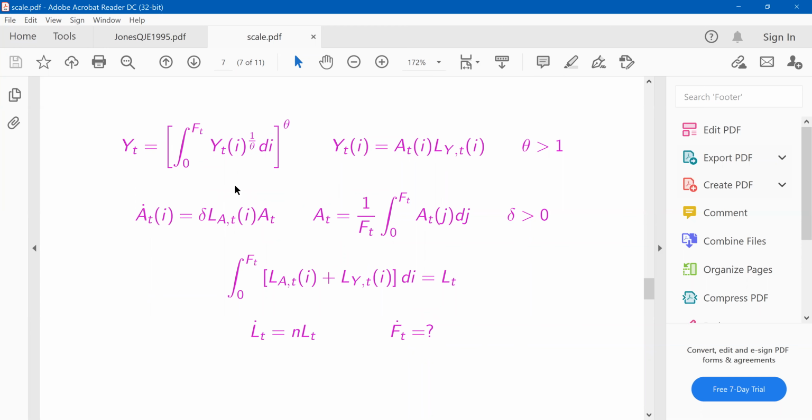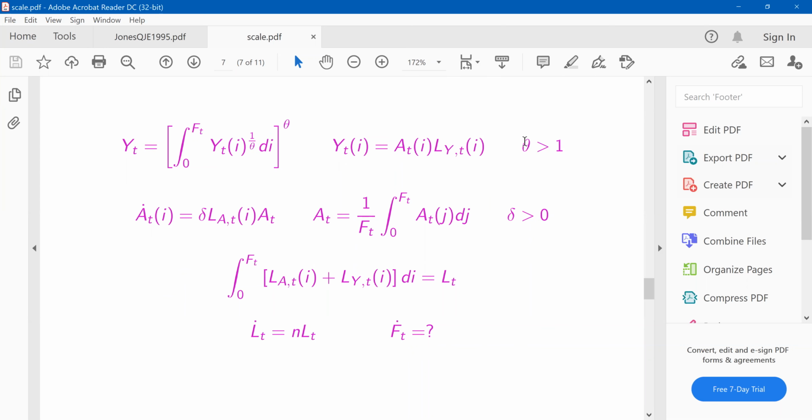If you do the math here, the elasticity of substitution between any two firm level outputs is 1/(1 minus theta), and we typically assume that theta is greater than 1 in such models.